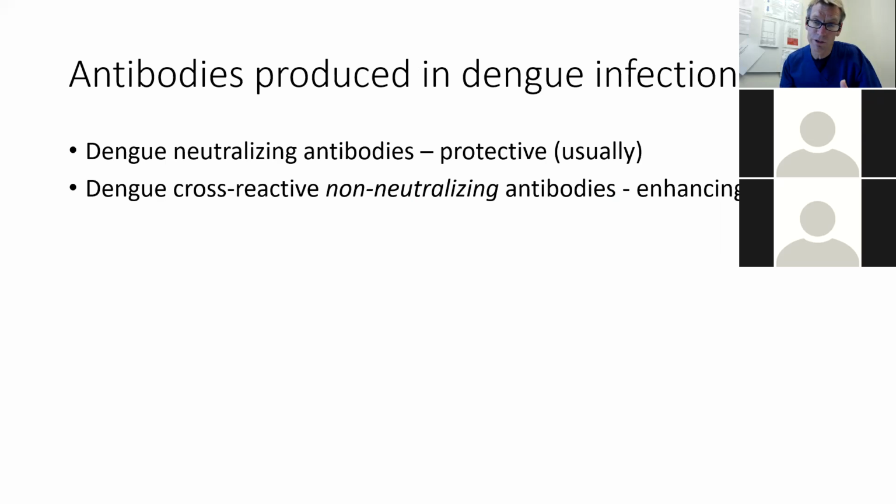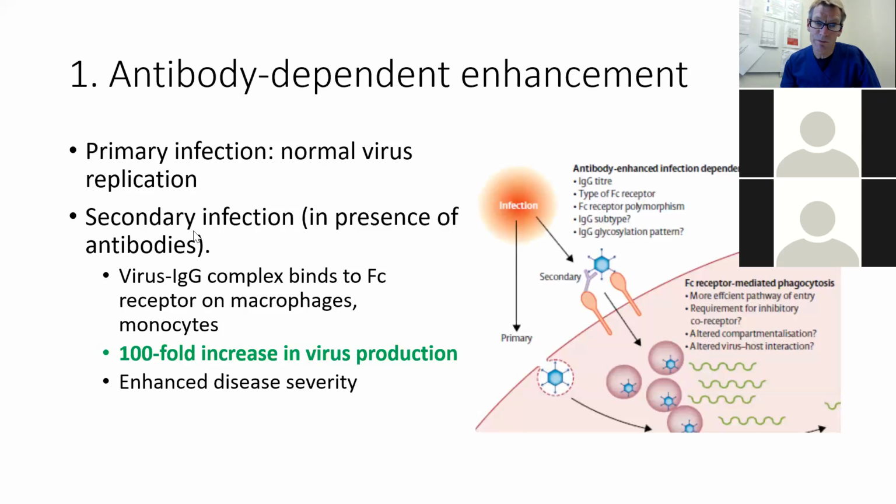But what they do have the effect of is enhancing the ability of the virus to get into the cells. And this is the key thing about dengue pathophysiology. There is something about the antibody response to dengue, because it's twofold. It's both neutralizing, but it's also enhancing.